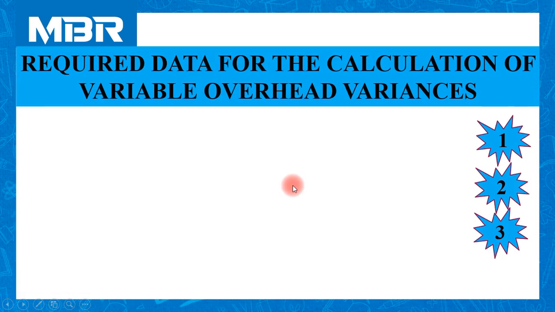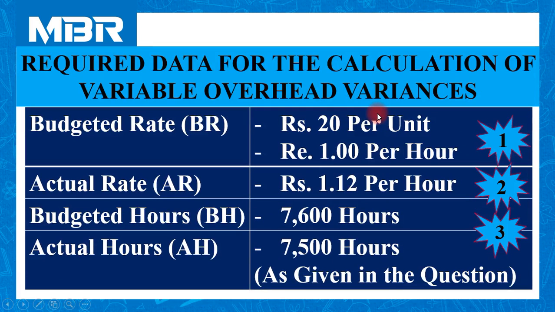Let us have all this information in a single slide as a database. Budgeted rate: rupees 20 per unit and rupee 1 per hour. So as and when we need to calculate based on output, we can use rupees 20. And as and when we need to calculate on the basis of time, we can apply rupee 1 per hour.